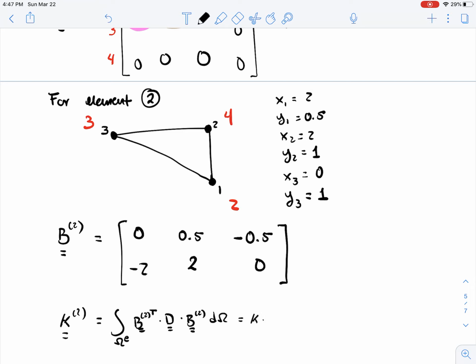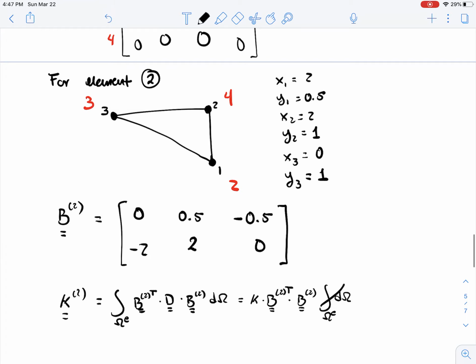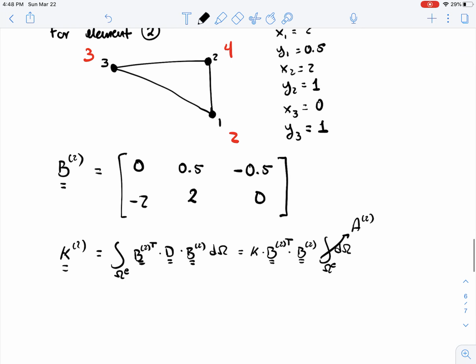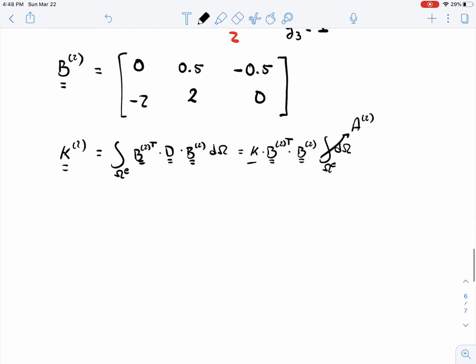So I can just get K times B2 transpose times B2, and then the integral of d omega just gives me the area of the second triangle. If you do the multiplication and plug in the value of K, K2 is going to be a 3×3 matrix, because it should be the number of nodes per element times the number of nodes per element.